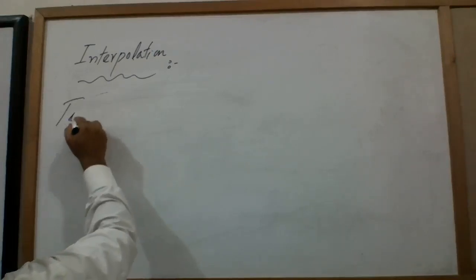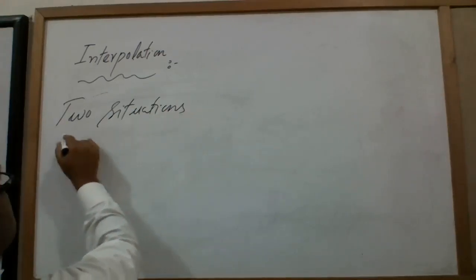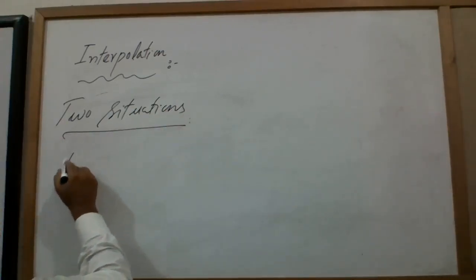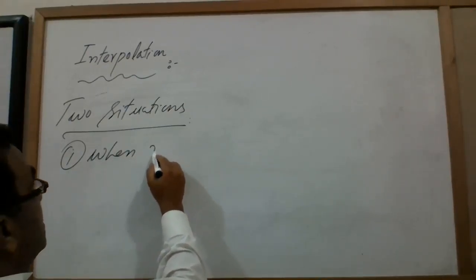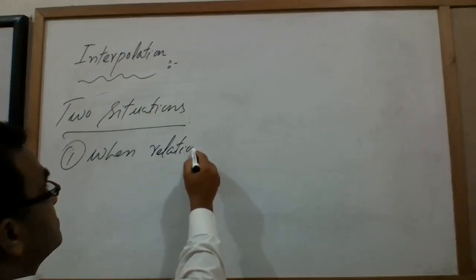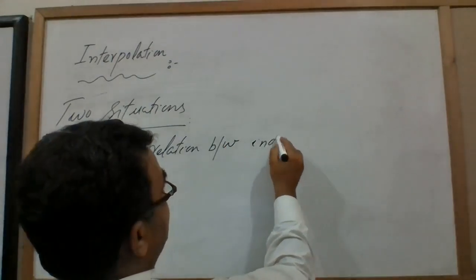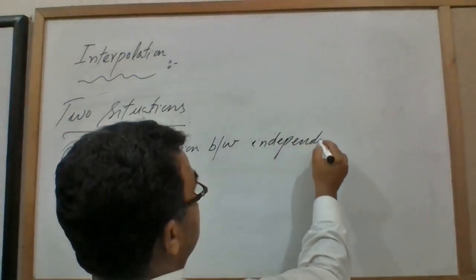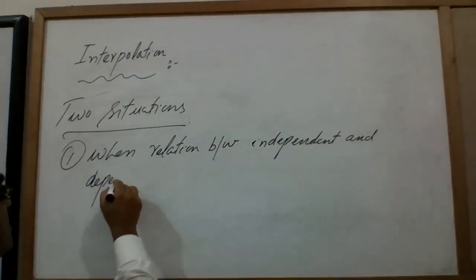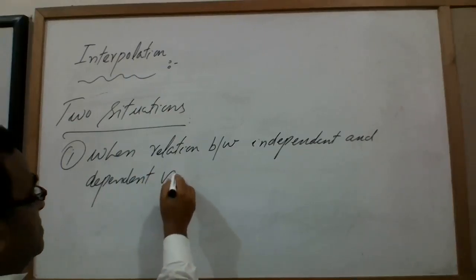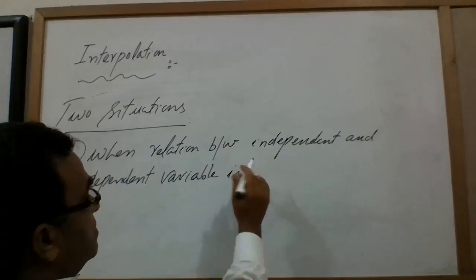Two situations. Number one is when the relation between independent and dependent variable is known.